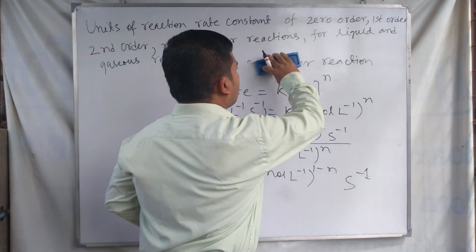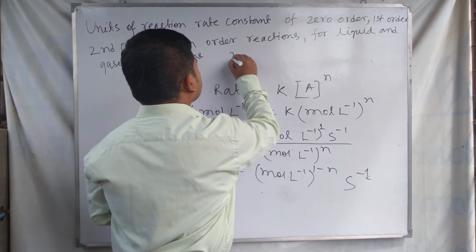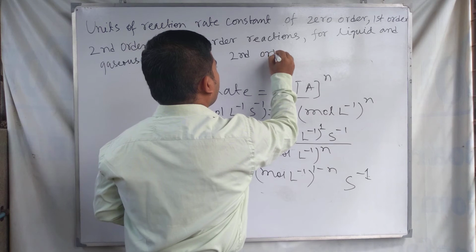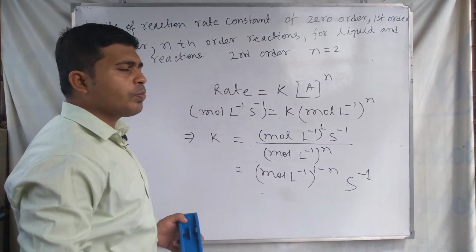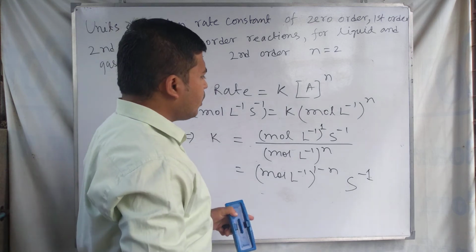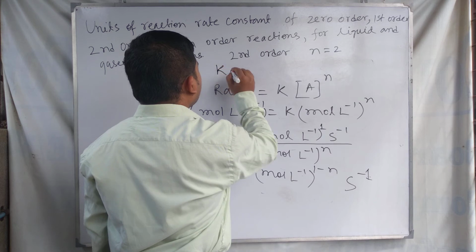Suppose we want to know the unit of the second order reaction. For second order reaction you have to put n equal to 2. So what is the unit of k?